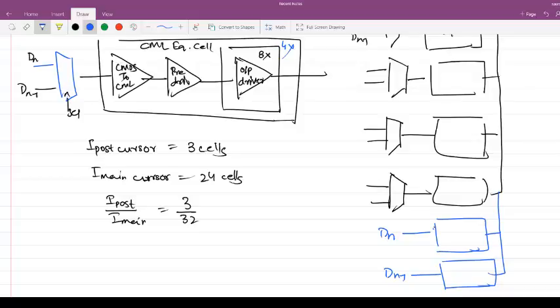So if I am using 3 cells for the post cursor, then the remaining 5 cells I will use for dn from here. This is 8x, I will use 5 out of 8. This way you can maintain whatever unit current weight you have chosen to begin with, and maintain that resolution throughout without any issue. Do you have any questions on this?